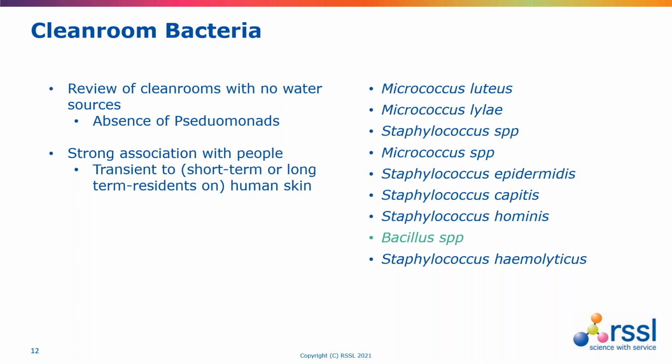There are also different types of common cleanroom bacteria. What's on the slide there is based on a review that I did, which looked at data over a 10-year period. You can see there that the majority of organisms are bacteria associated with the human skin, but there will be a level of spore formers. The key thing is keeping those numbers in control, keeping them low and keeping them out of aseptic areas.